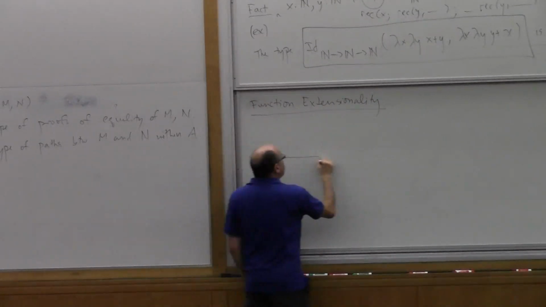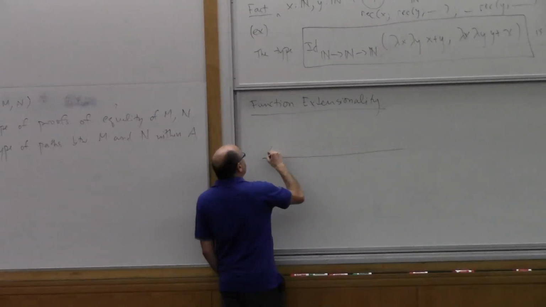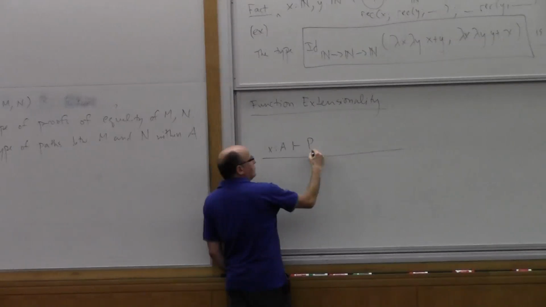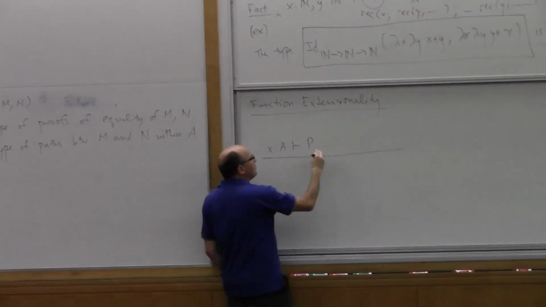But the principle of function extensionality would be this. It says, if for every x in A, you have a proof. Well, this could depend on x. Let me just write a little x there just to emphasize. This proof could depend on x.